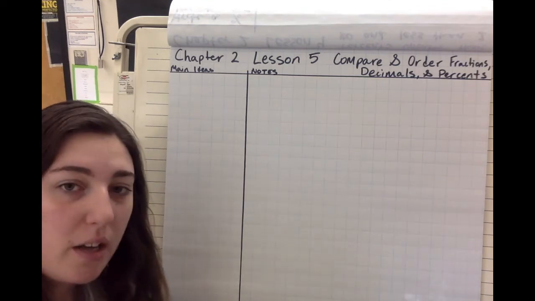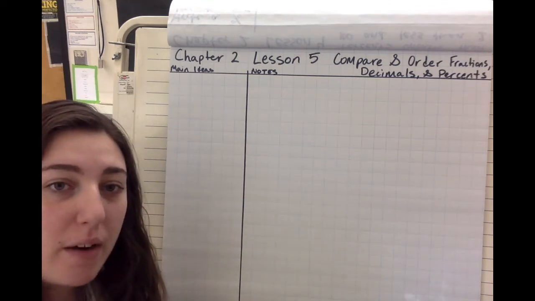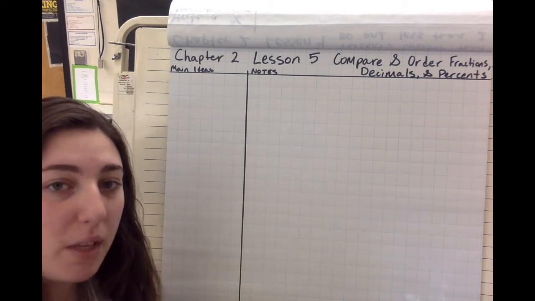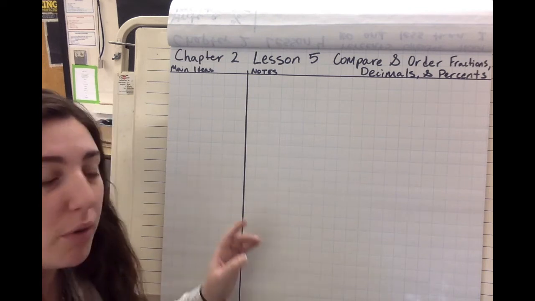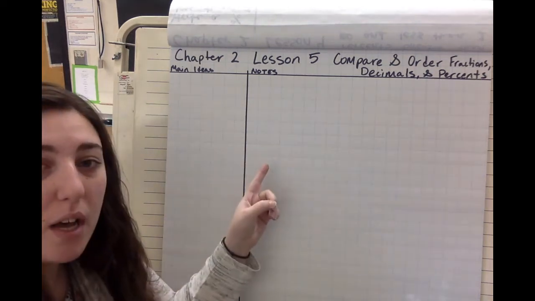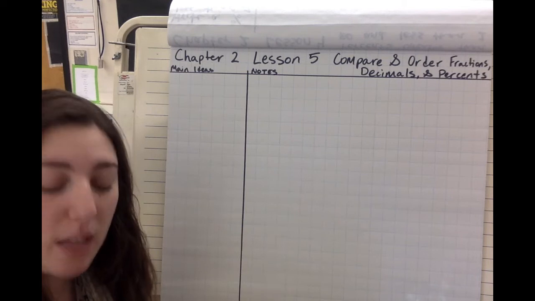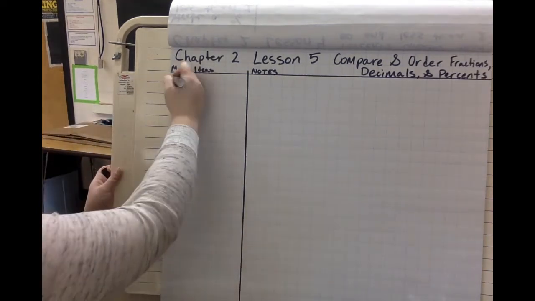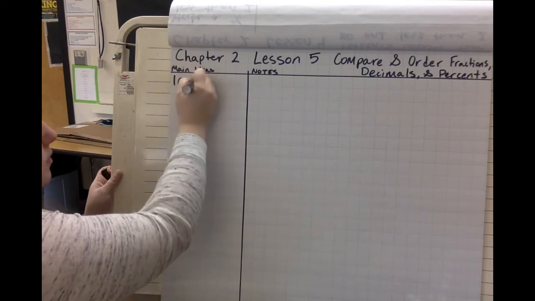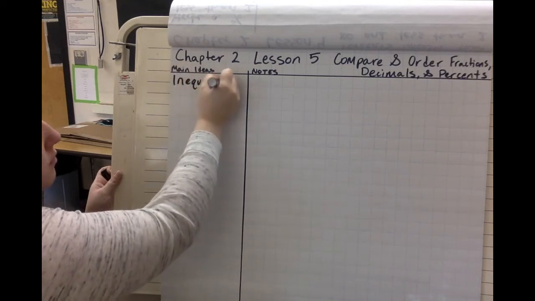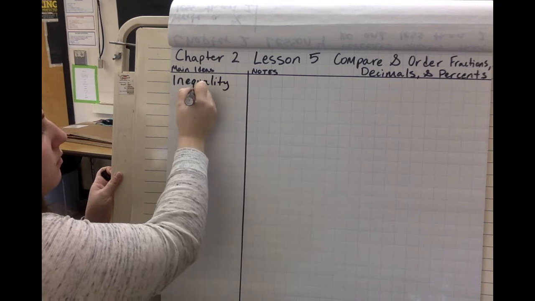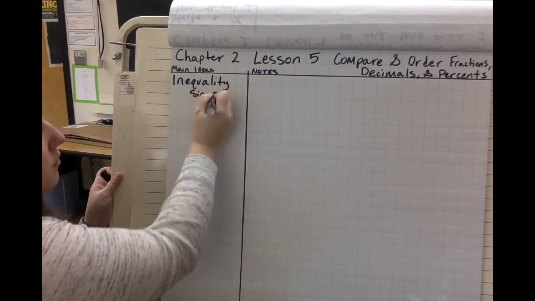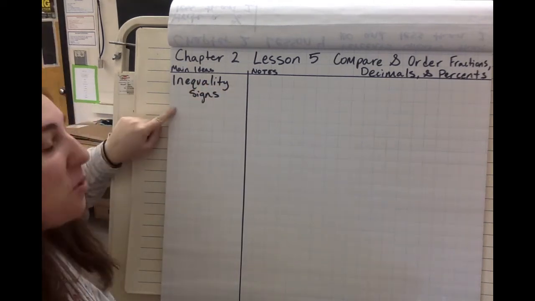So, getting started, first, when we're comparing and ordering, a lot of times we're using inequality signs. Hopefully this is something familiar to you, but just for a brief review, we're going to write down what the inequalities look like and how to use them. Inequality signs.